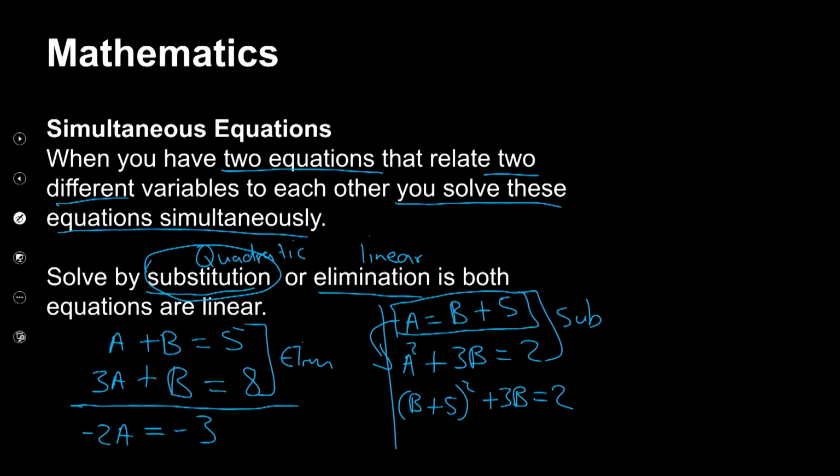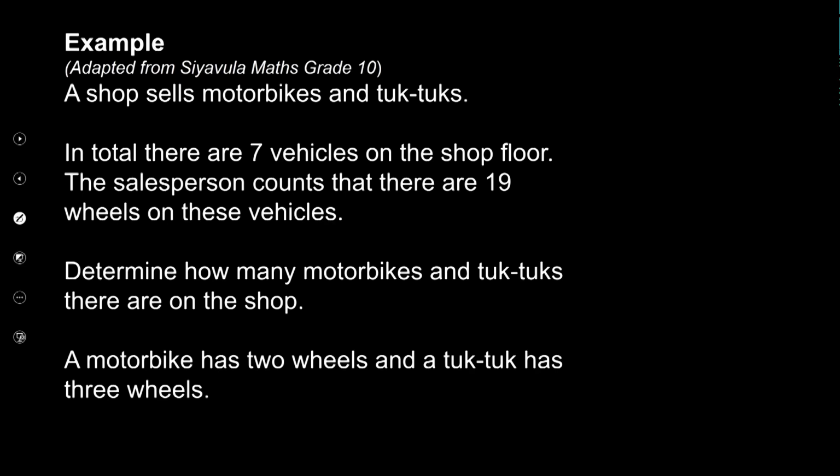So now you can see I have only one variable. These are just the two methods that I'm talking about. But substitution, the great thing about it is you can use it even if the equation is linear. But elimination, only when it's linear. If it's quadratic, you really cannot use elimination.